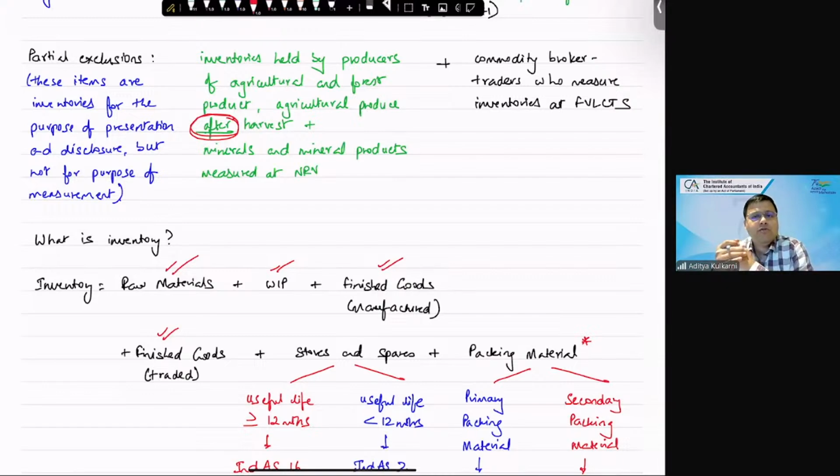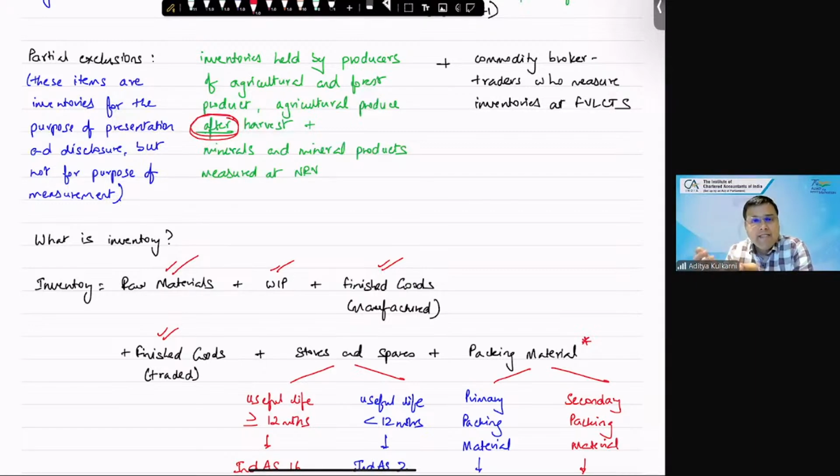Let us assume you are Varun Beverages, which is engaged in the supply of carbonated water, Pepsi, Mirinda, etc. Now, its whole saleable product, is it the carbonated water or is it the bottle? You will tell, sir, it's that carbonated water which they are selling.